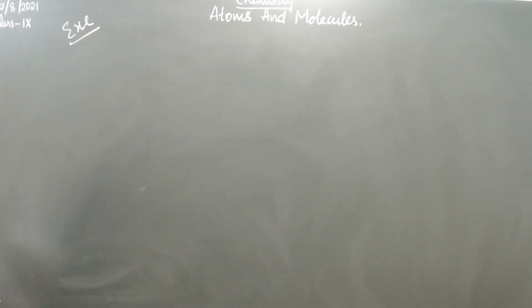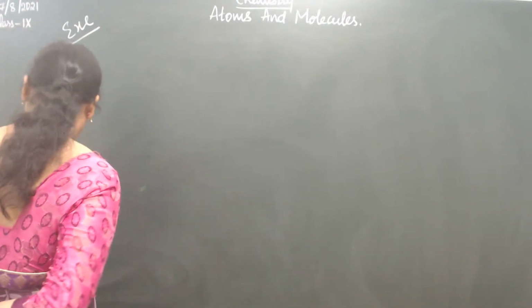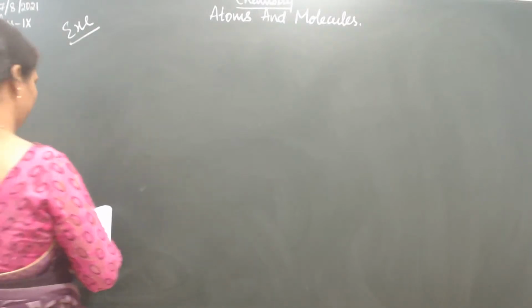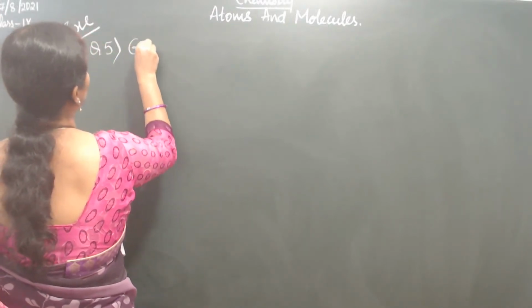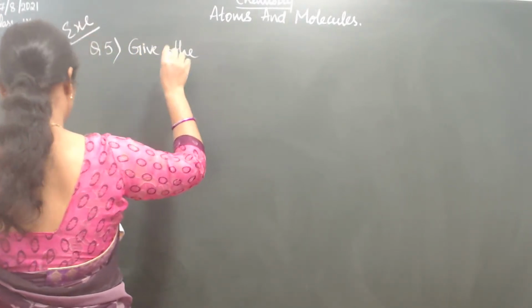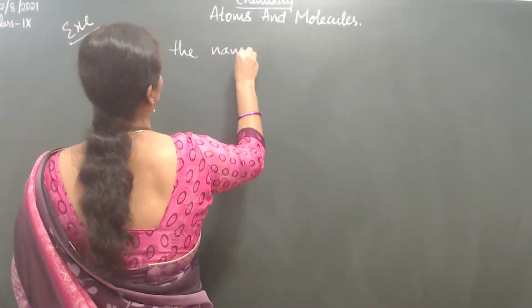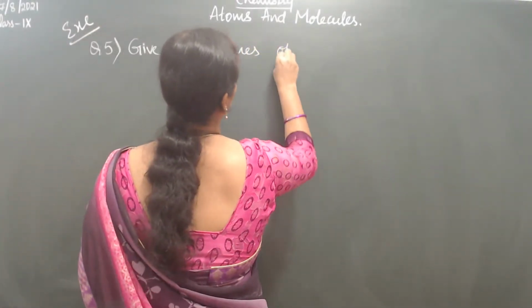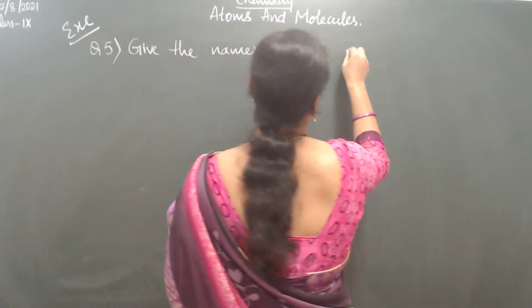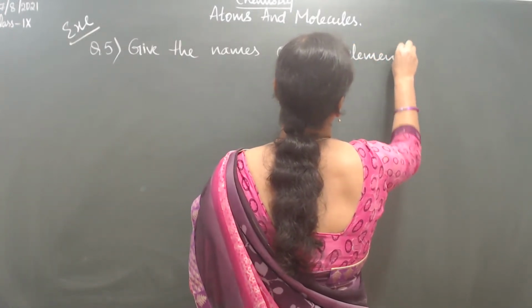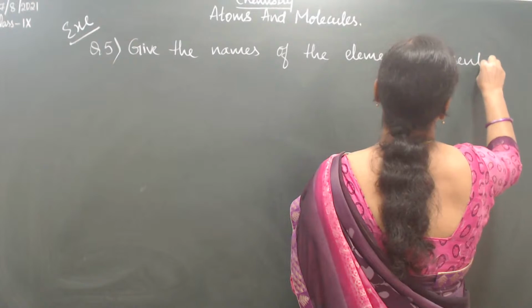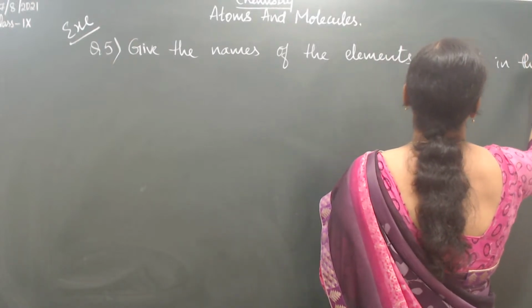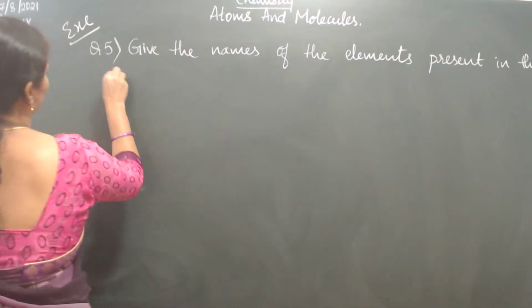The fifth question is like this. Give the names of the elements present in the following compounds.